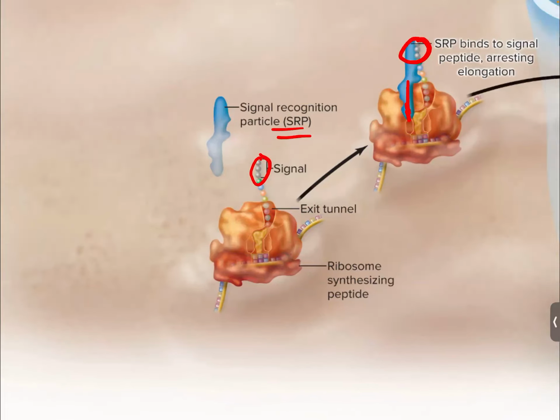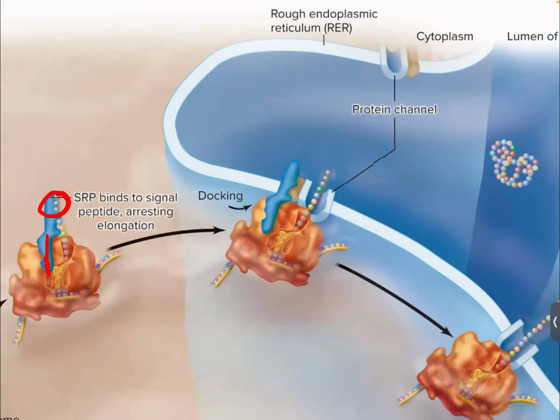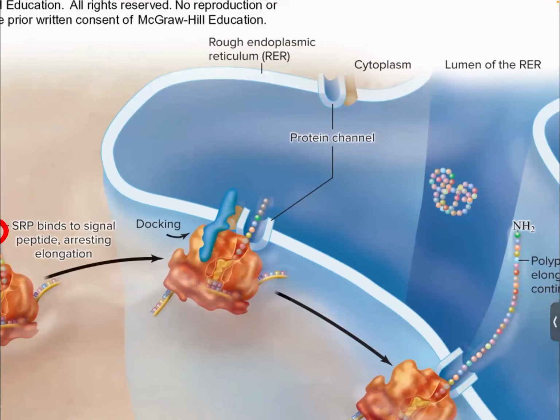So what happens from there? Well, now we have to go and take a look at what the rough ER has. The rough ER has a protein channel, which you can see here, but it's attached to a receptor for the SRP. So the receptor for the SRP is associated with the protein channel.